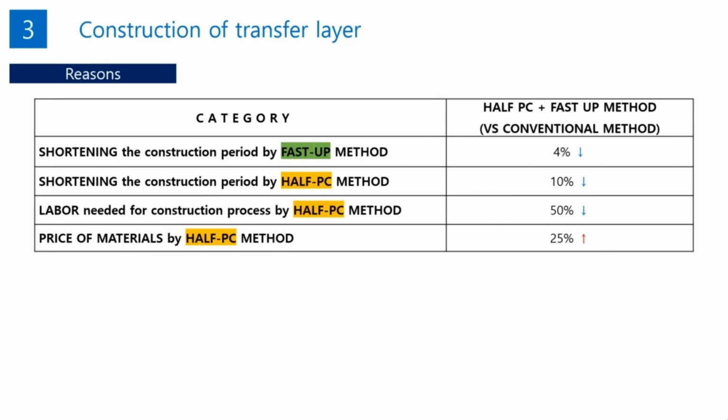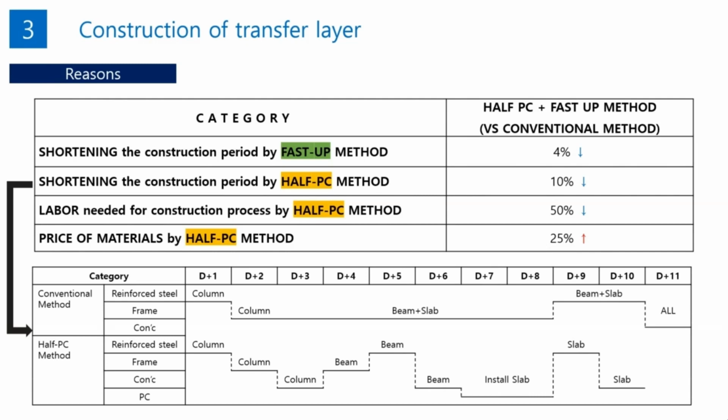This is about 4% of the total construction period of 32 months, and when we use the half-PC method, we found that the construction period is reduced by about 10%. In addition, when using the half-PC method, the labor needed for the construction process has been reduced by about 50%. However, the price of materials for PC has increased by 25% compared to the RC method.